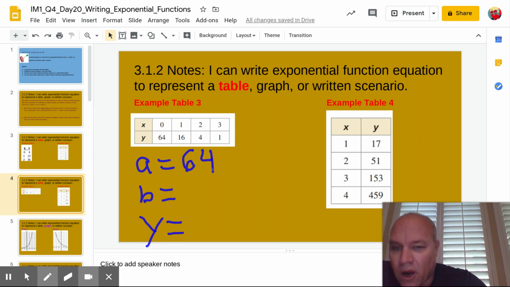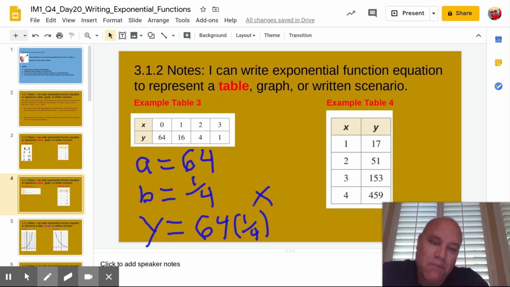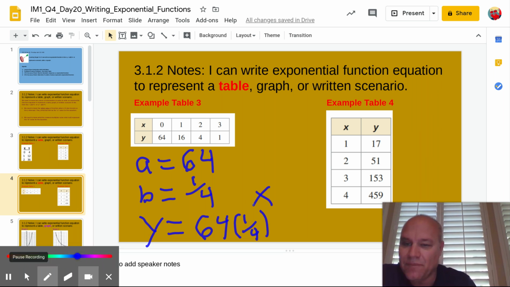So our common multiplier is 1/4. Now name that function: y equals 64 multiplied by 1/4 to the x power. If you want to put 0.25 instead of 1/4, by all means you can do that as well.